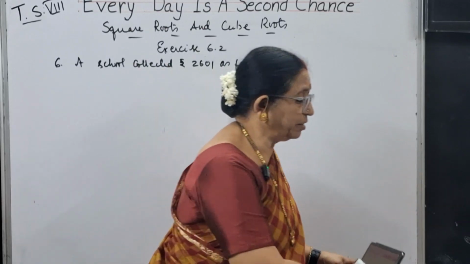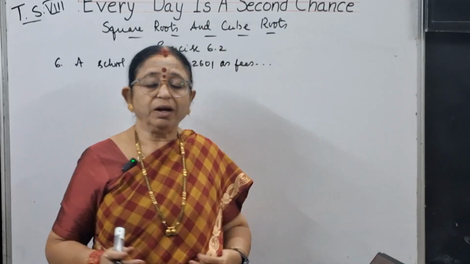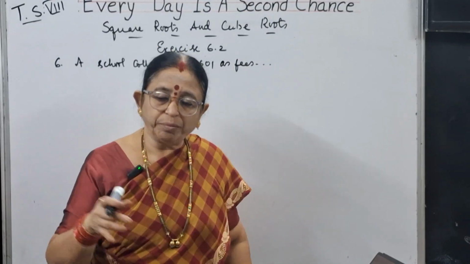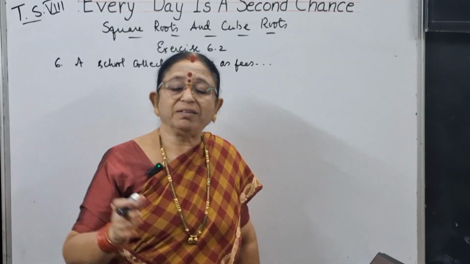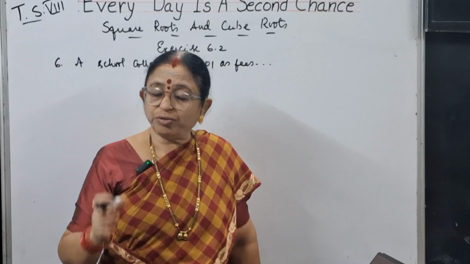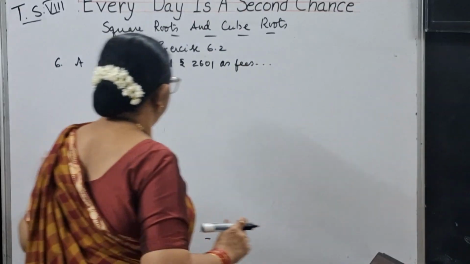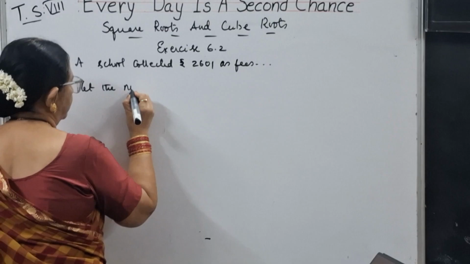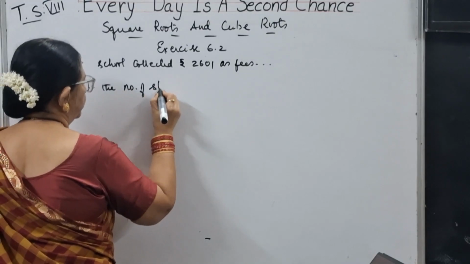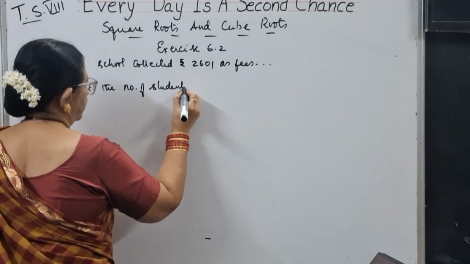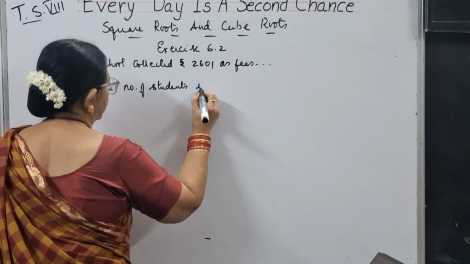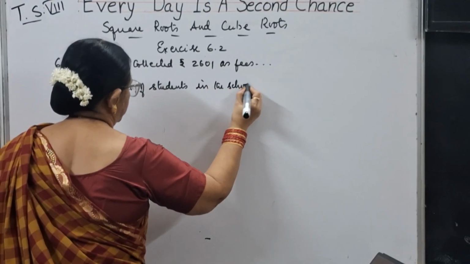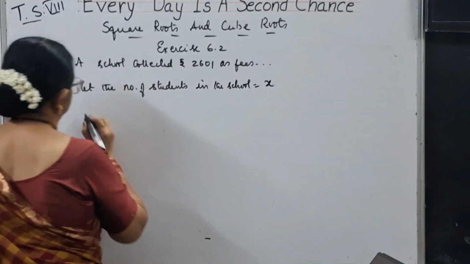It's just the same as the previous one. How many students are there in the school? That many rupees are paid as fees by each student. So let the number of students in the school be equal to x.